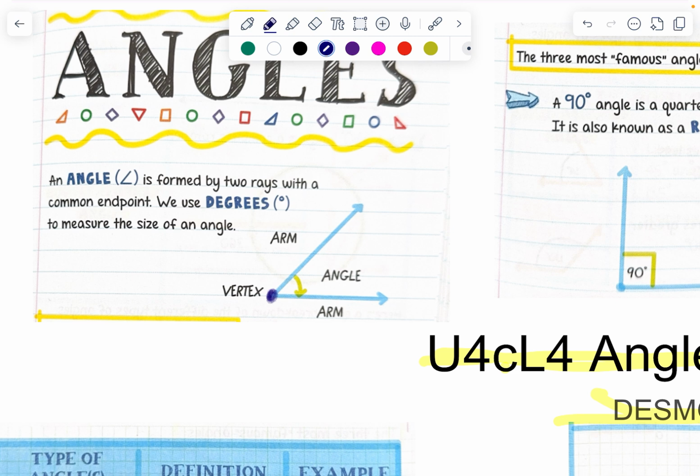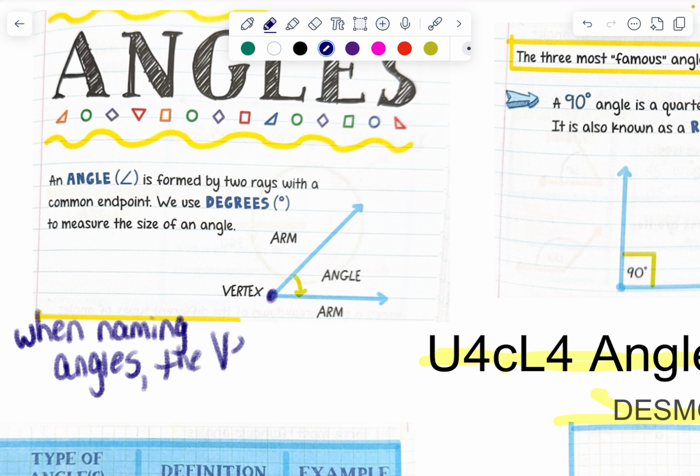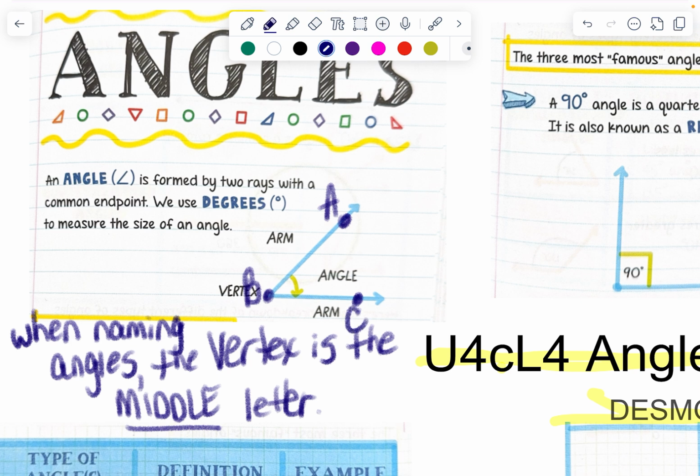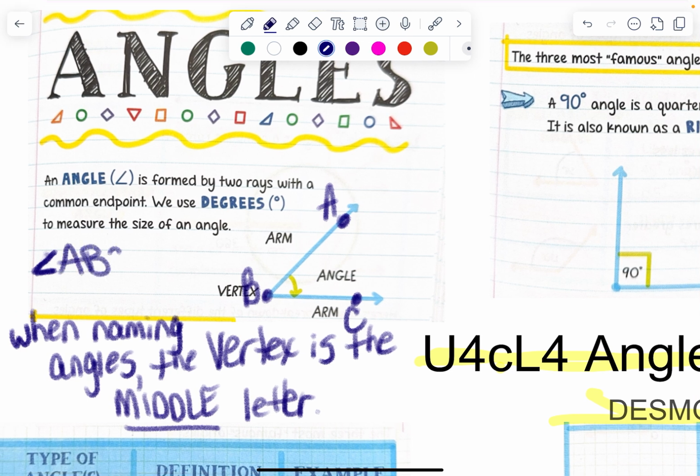And let's just say when naming, if I wanted to name this angle A, B, C, if I wanted to write that and label, it would be angle using the angle notation, A, B, C. We could also call it angle C, B, A. But the vertex is always the middle letter.